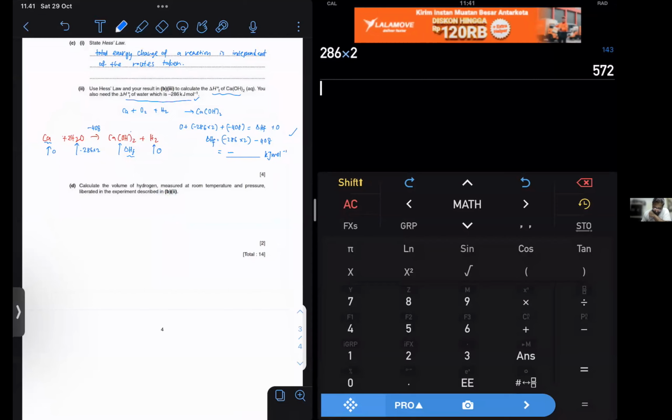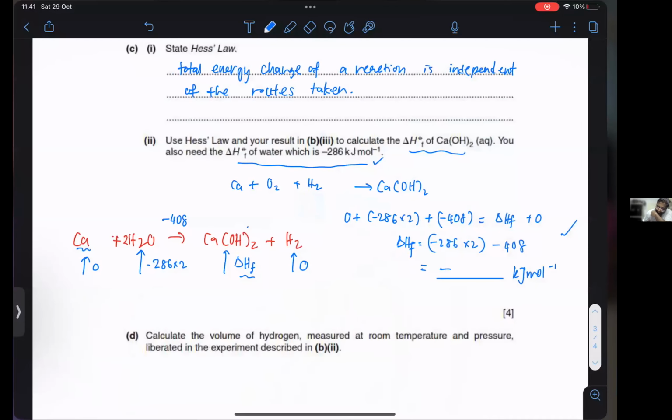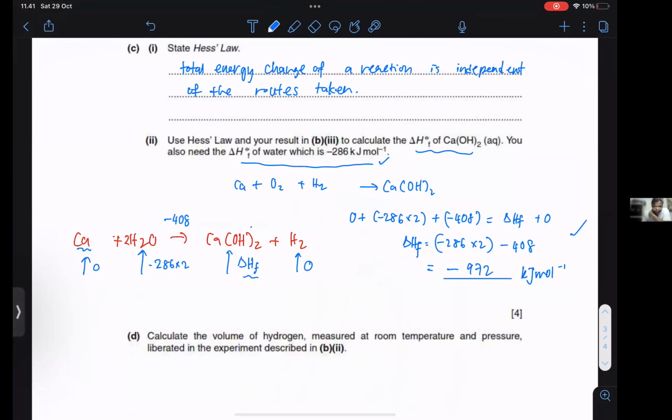Negative 972, sir. You need to add, yes, correct. So 972. Okay, so that's the value.